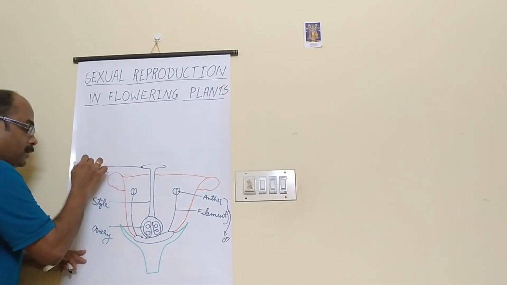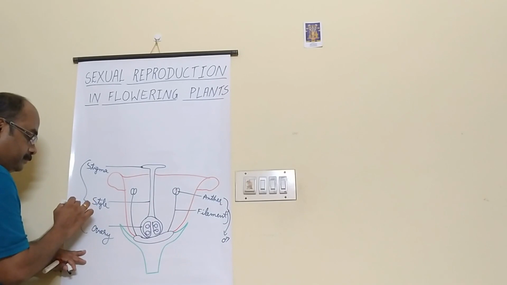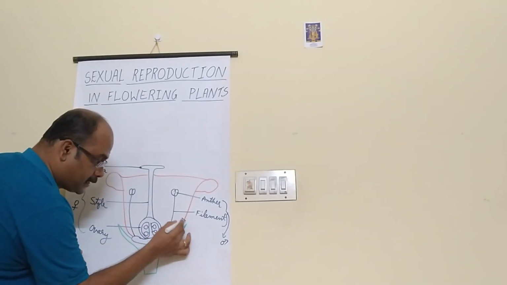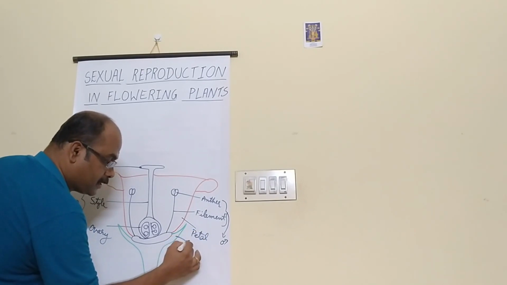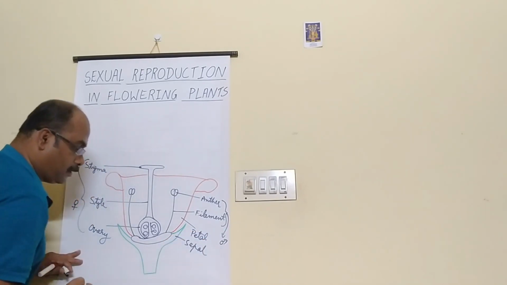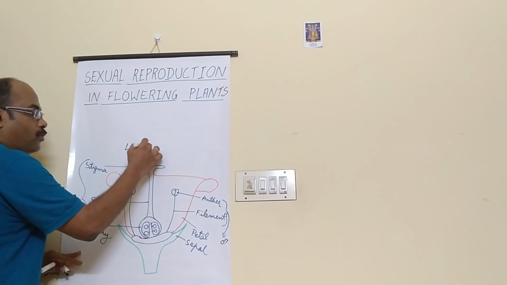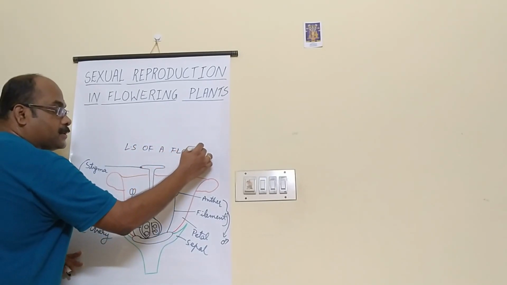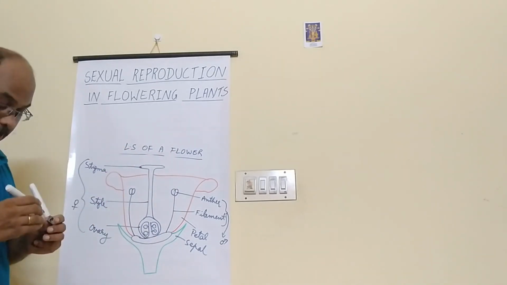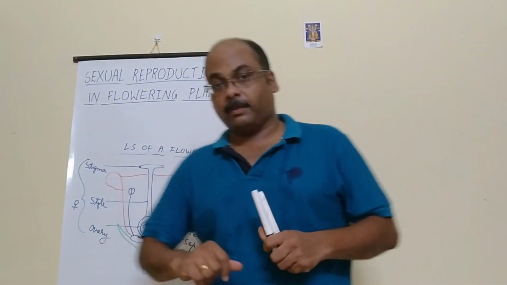These three constitute the female part, while this is the petal, and this is the sepal. Okay, so it is LS of a flower. LS means longitudinal section. So it can be asked for 2 or 3 marks.